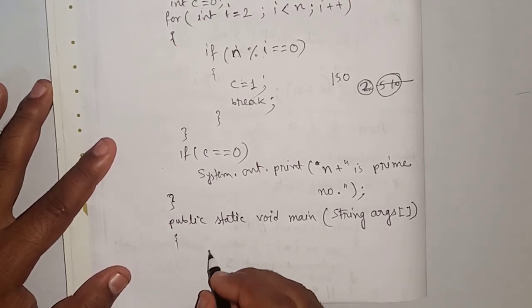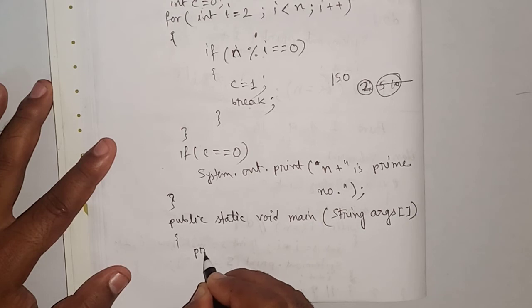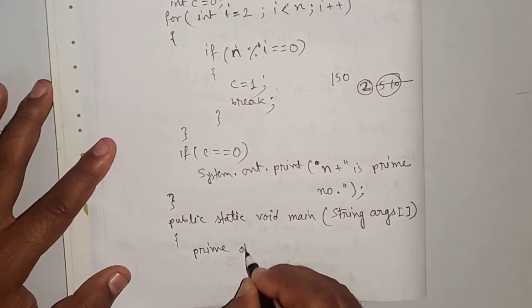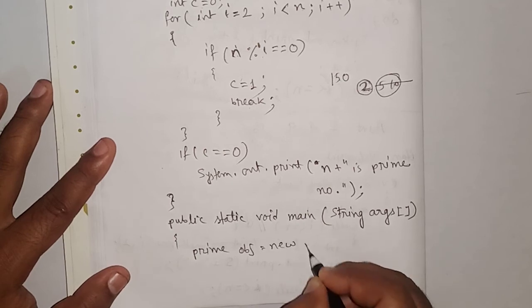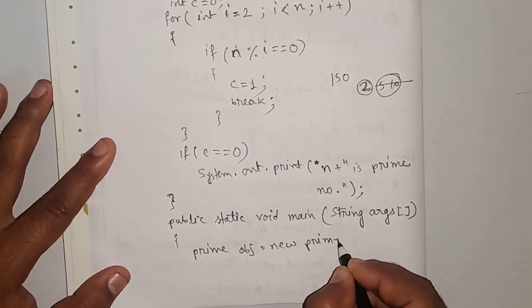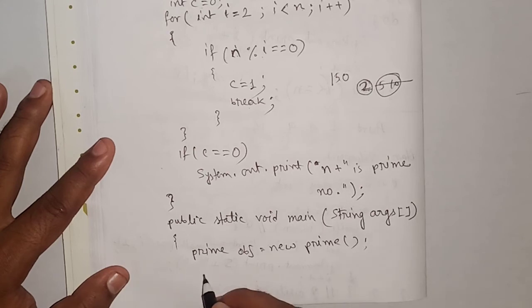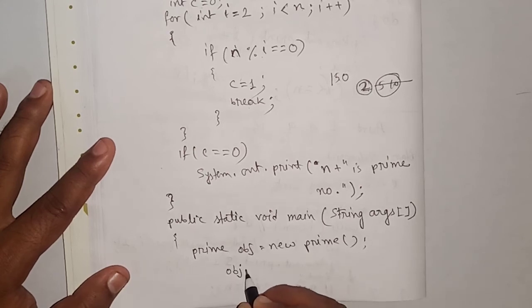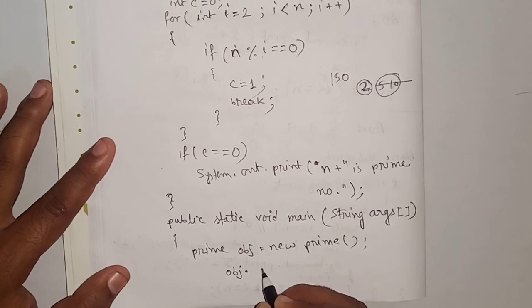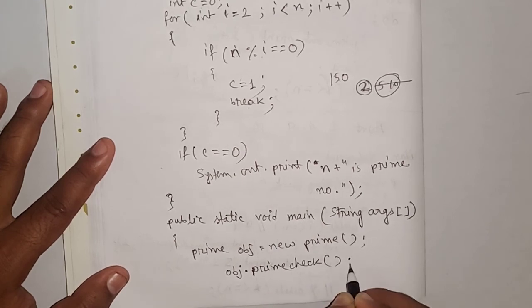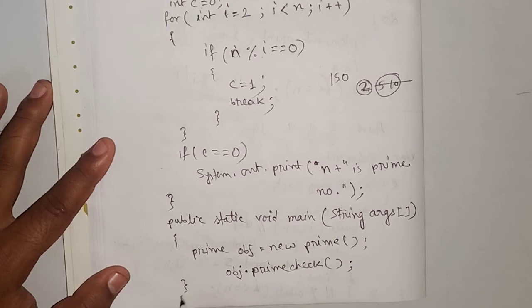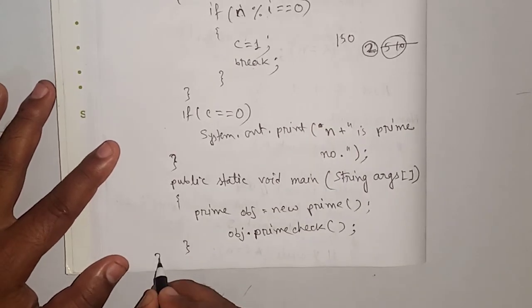Then simply creating the object of the Prime class: Prime obj is equal to new Prime(). Then obj dot, the dot operator, then we call the method primeCheck. Then close the method, then close the class.